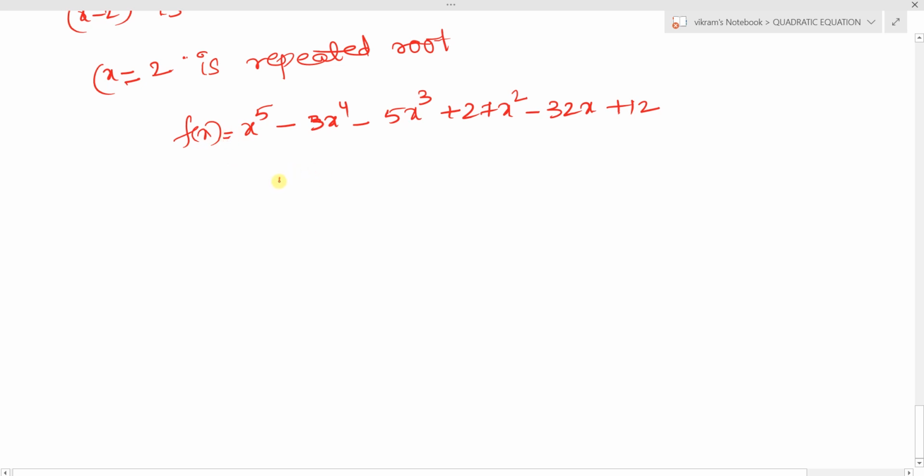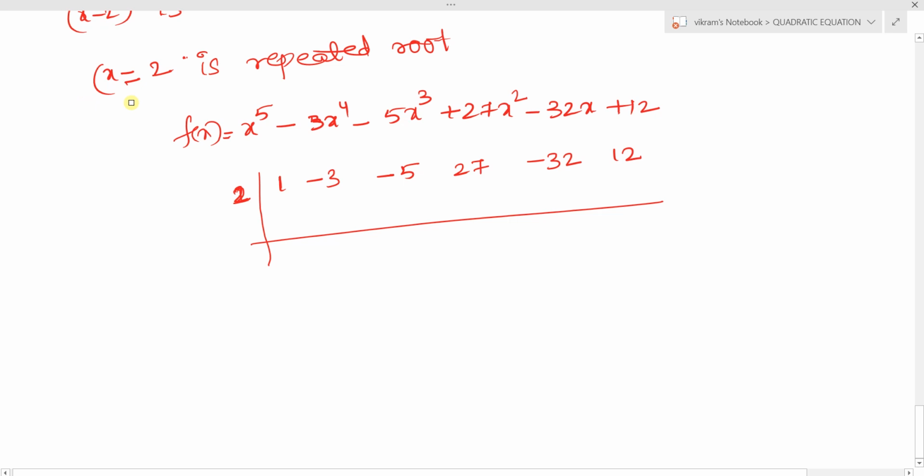So for the synthetic division, write down 1, minus 3, minus 5, 27, minus 32 and plus 12, which is f of x, and we use synthetic division with x equals 2. Why? Because x minus 2 is a factor, that means x equals 2 is a repeated root.